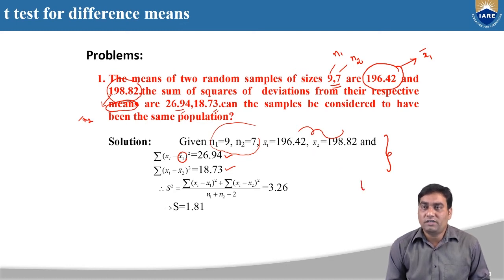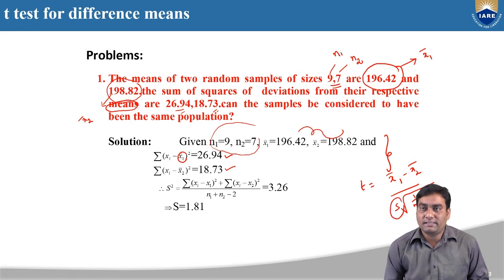What is the t-test for difference of means formula? t equal to x1 bar minus x2 bar by s into under root of 1 by n1 plus 1 by n2. Here we know all values except this s value.